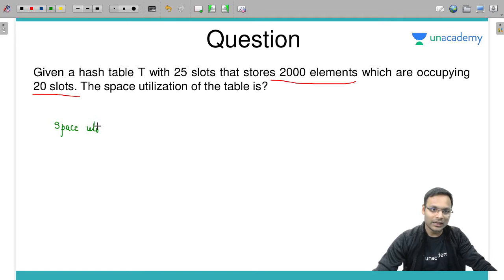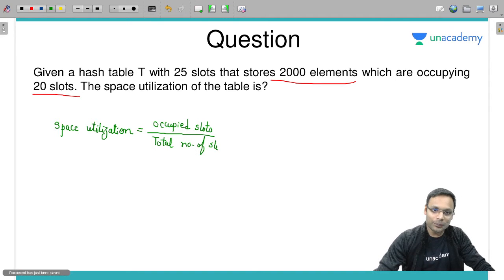Space utilization is equal to occupied slots divided by total number of slots. Occupied slots 20, total number of slots 25.